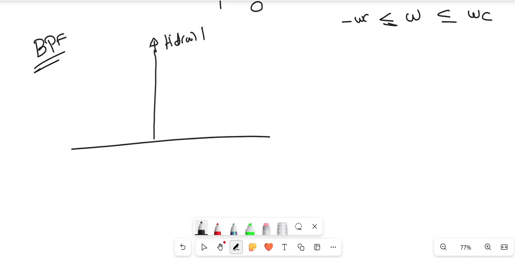The band pass is between the range omega c1 and omega c2, on the omega axis from 0 to pi, plus pi.